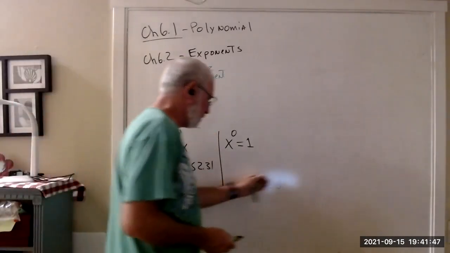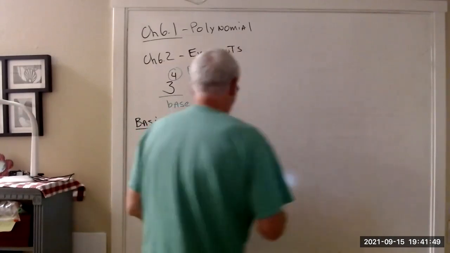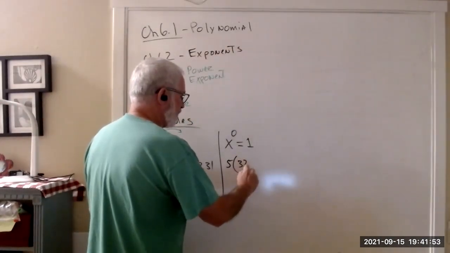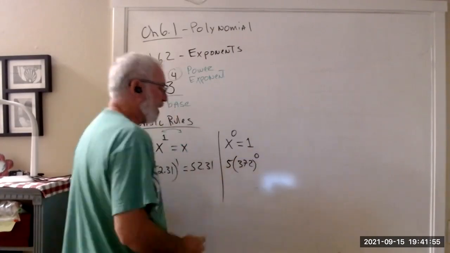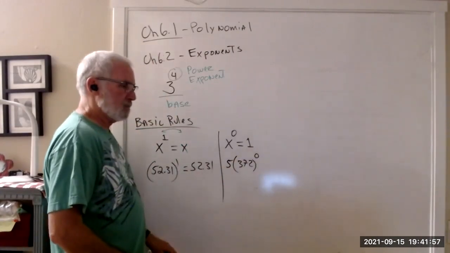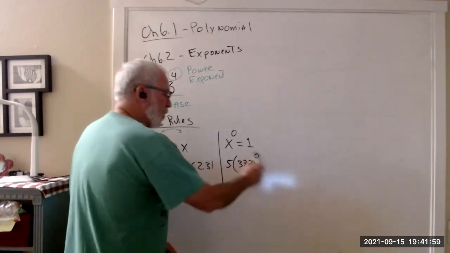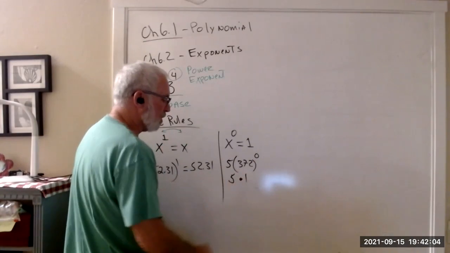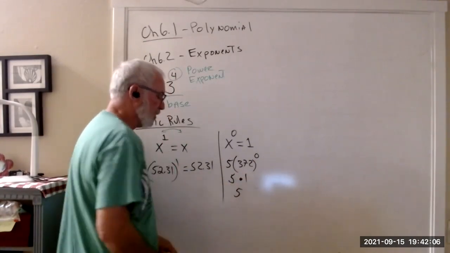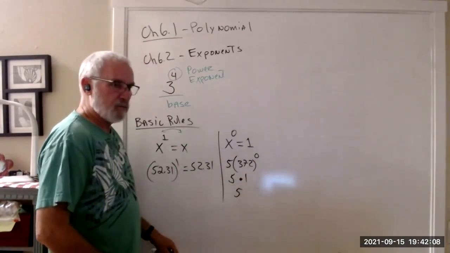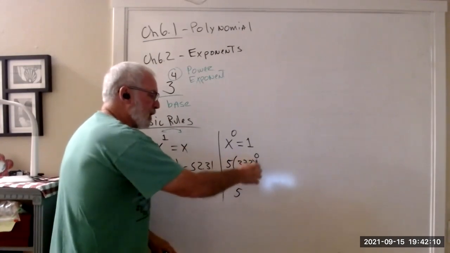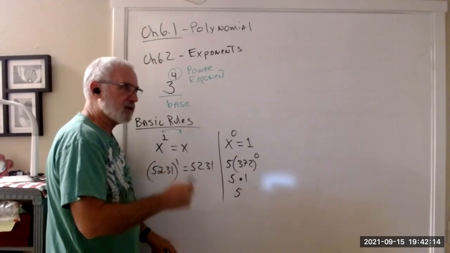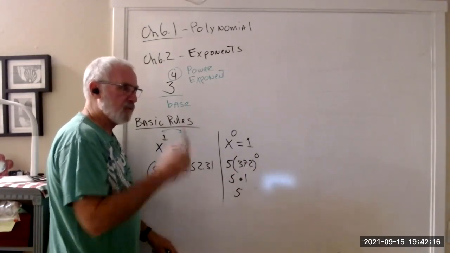Now, be careful. What if you have 5 times 372 to the 0 power? Well, the quantity is 1. So this becomes 5 times 1. So the final answer is 5. But the part that was being raised to the power is worth 1. Be careful, pay attention.